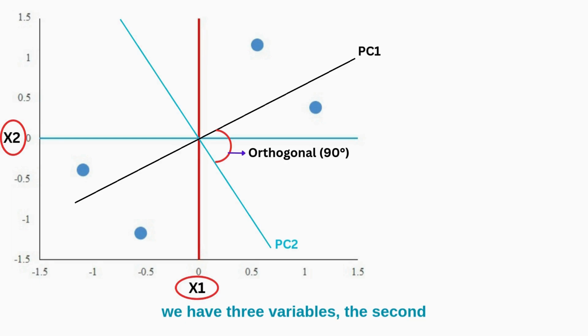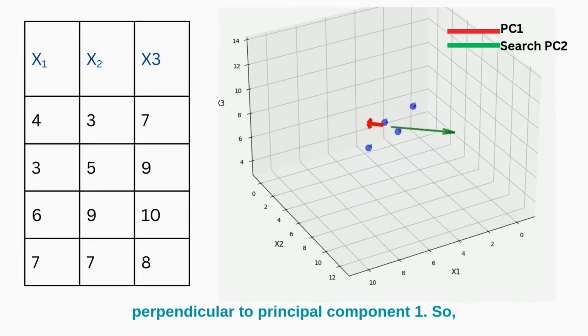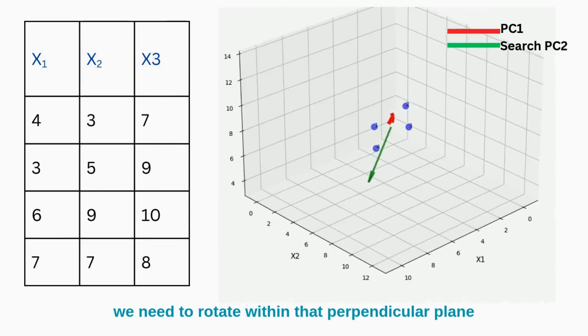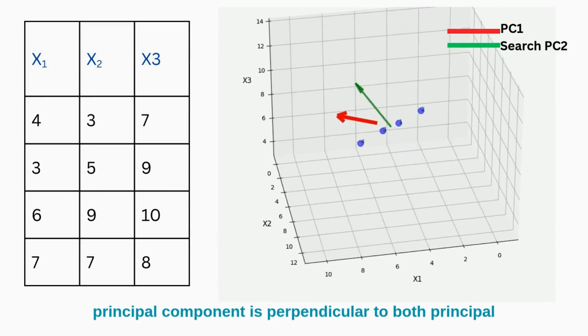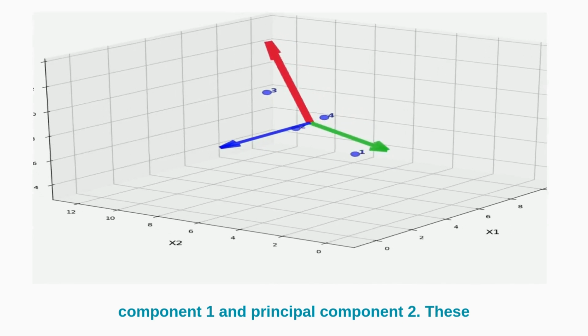When we have 3 variables, the second principal component is perpendicular to the first principal component, but there are many directions perpendicular to principal component 1. So we need to rotate within that perpendicular plane to find the maximum variance. Then the third principal component is perpendicular to both principal component 1 and principal component 2.